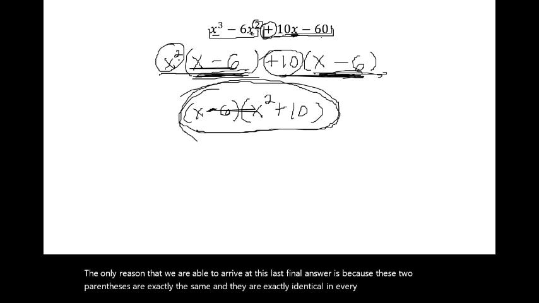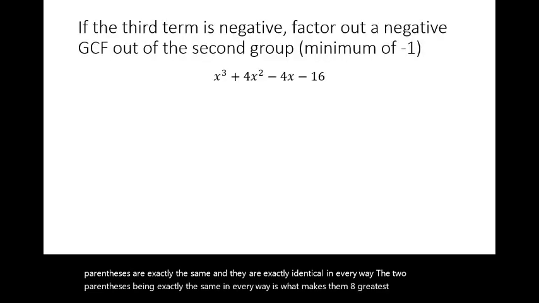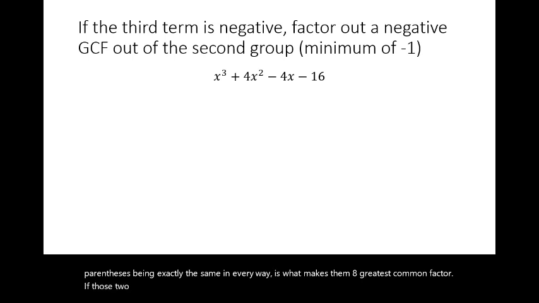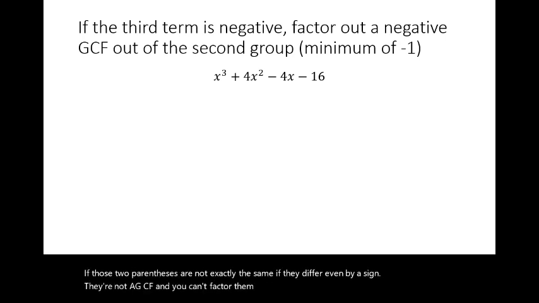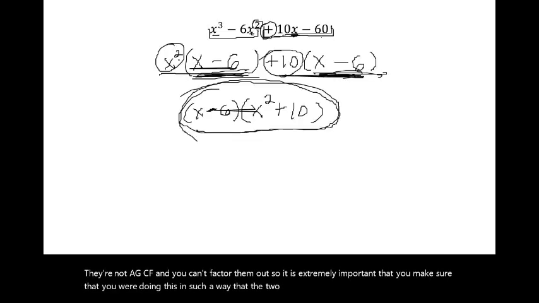The two parentheses being exactly the same is what makes them a greatest common factor. If they differ even by a sign, they're not a GCF and you can't factor them out. So it is extremely important that you do this in such a way that the two parentheses at this step are exactly the same and can be factored out.